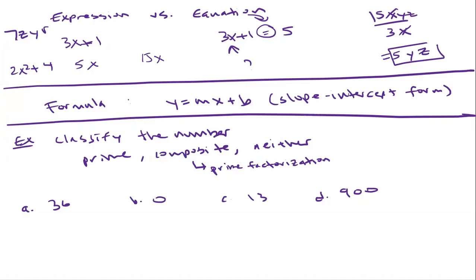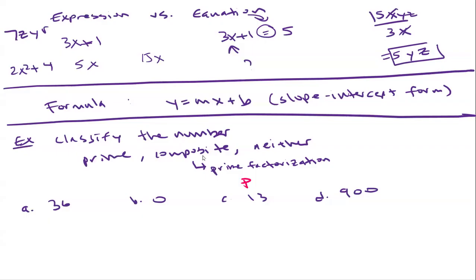For example, we already mentioned 13. 13 is not a composite number because the only two numbers you can multiply to give you 13 are 1 and 13. So 13 is a prime number. Now, 0 is kind of the neutral zone, so it's neither prime nor composite.